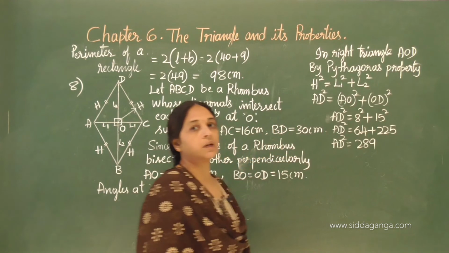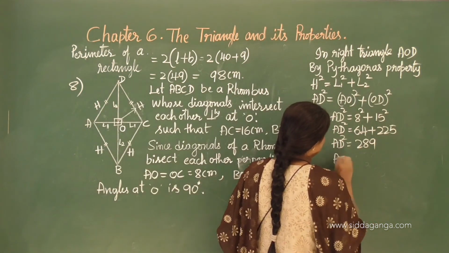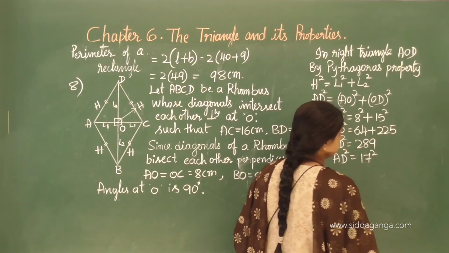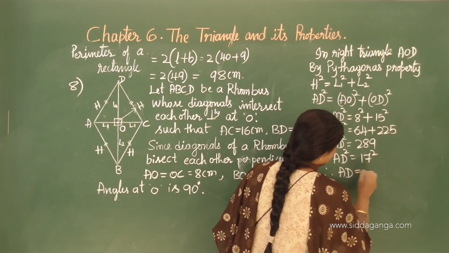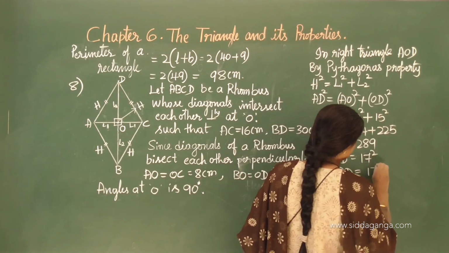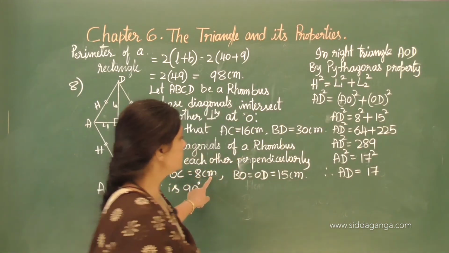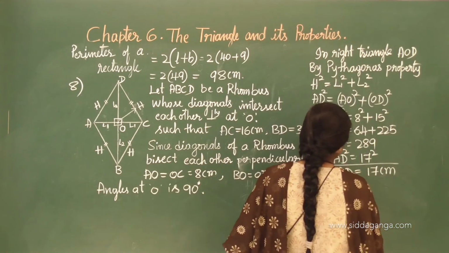What about 289? It is 17 into 17. So AD square is equal to 17 square. Therefore, AD is equal to 17, and the given unit is centimeter. AD is 17 centimeter.